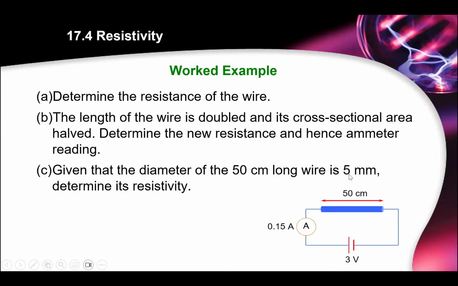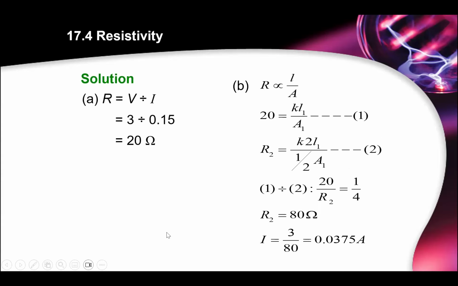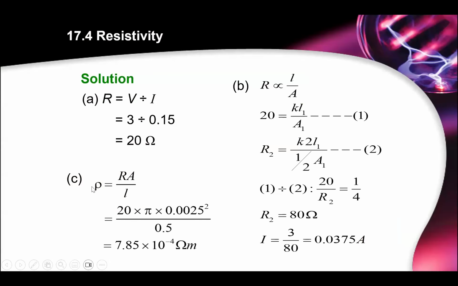And then the last question, it says that given that the diameter of the 50 cm wire is 5 mm, determine its resistivity. So I'm going to substitute into the formula. Resistivity equals resistance times area over length. So resistance is 20 ohms. I use the original one times the cross-sectional area of the original one, pi r squared.